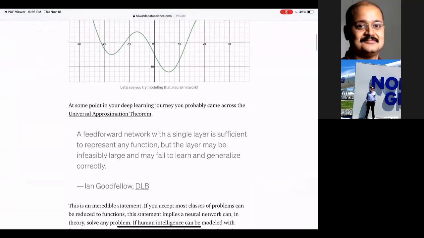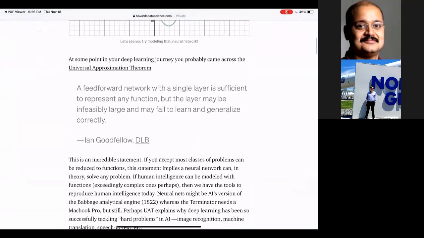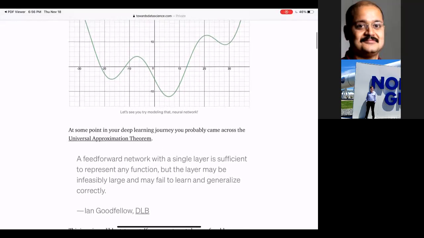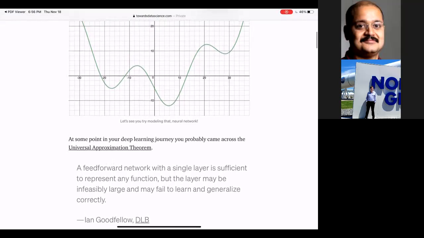There is a book by Ian Goodfellow, a deep learning book, that actually gives you this conceptual discussion. The idea is, can I use a neural network to approximate this complicated shape? And the answer to that question is yes.